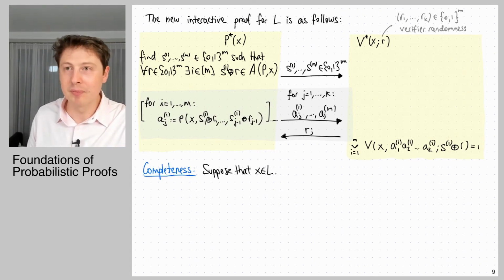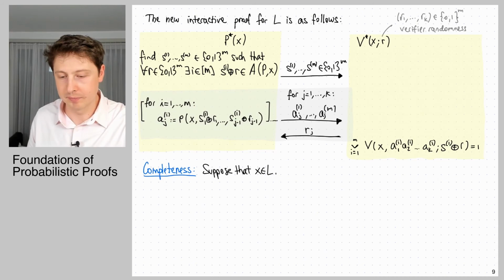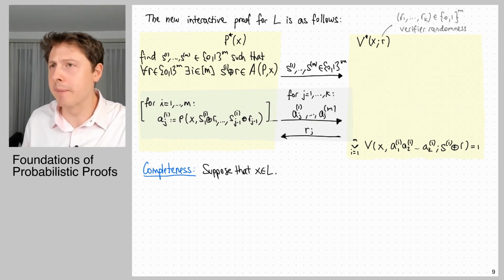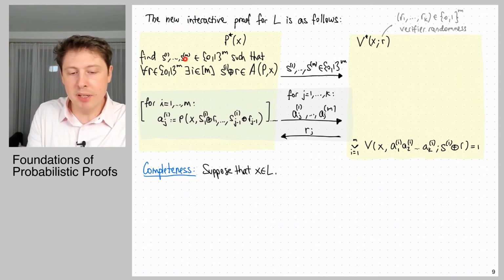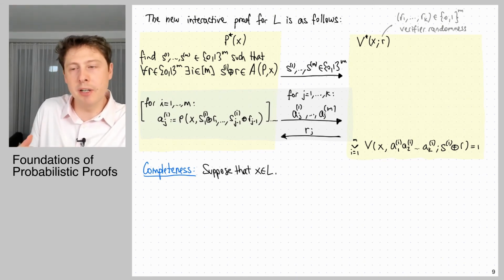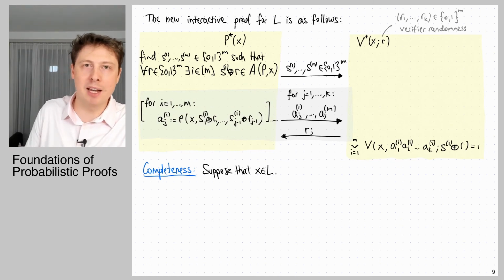Is it also important here that the number of shifts is not too much? Otherwise, a malicious prover can always break down. Sorry, I didn't understand the question. Is it important that what is not too much? The number of shifts, so the m. Yeah, it's important that this number of shifts is not too much. We want it to be just good enough for covering everything. But if it's too many, then in the bad case we're going to have a problem.